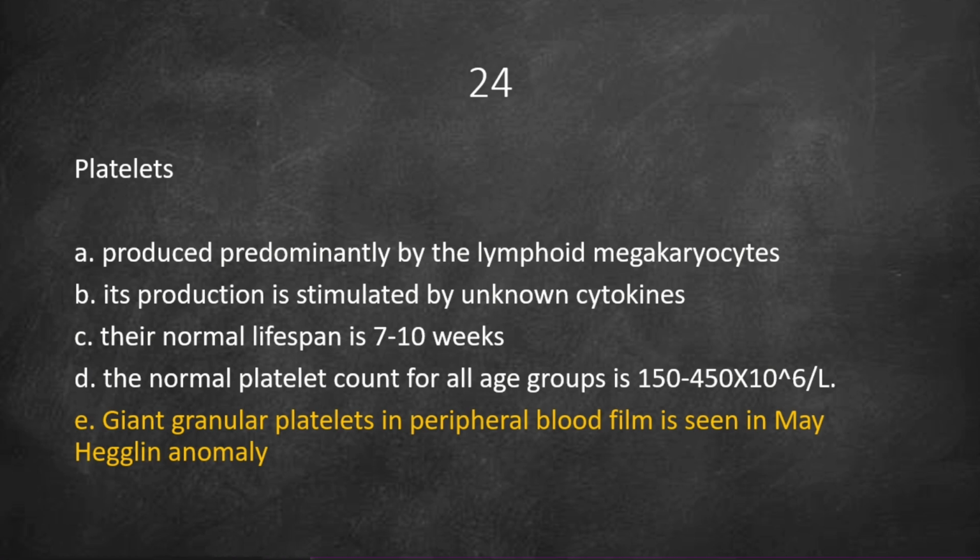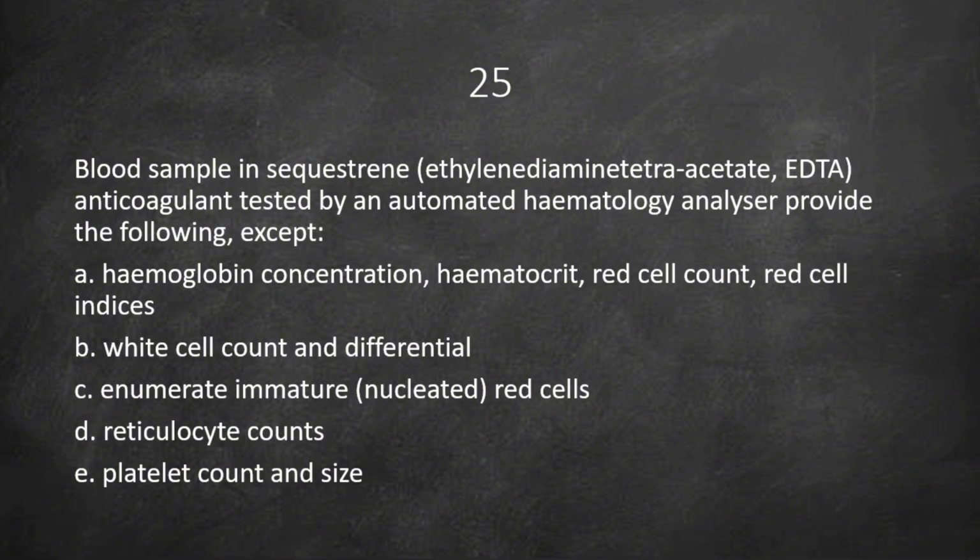Then our last question 25, says a blood sample in ethylene diamine tetraacetate, that's EDTA, anticoagulant tested by an automated hematology analyzer will provide the following except: A, hemoglobin concentration, hematocrit, red cell indices.